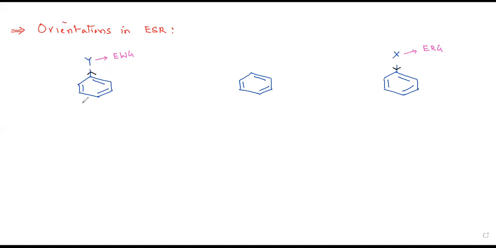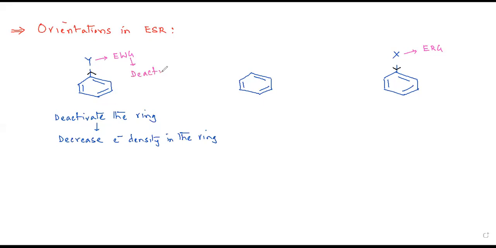You know, electron withdrawing groups generally deactivate the ring. That is, they decrease electron density in the ring. Right. So these electron withdrawing groups are also known as deactivating groups.